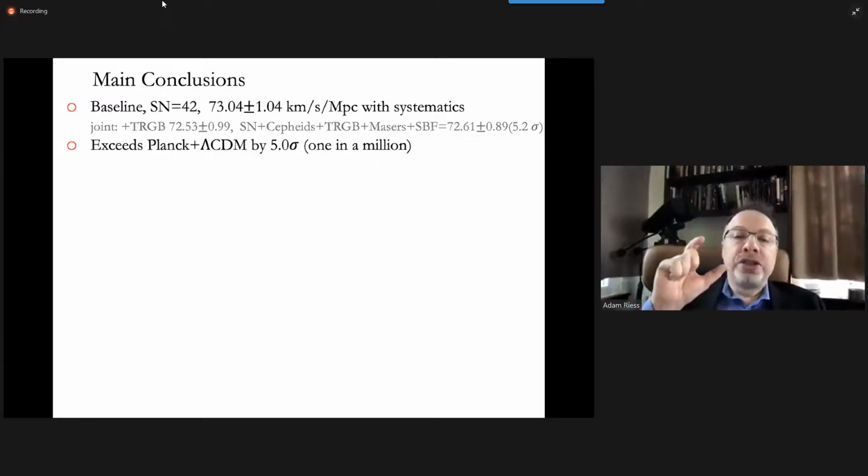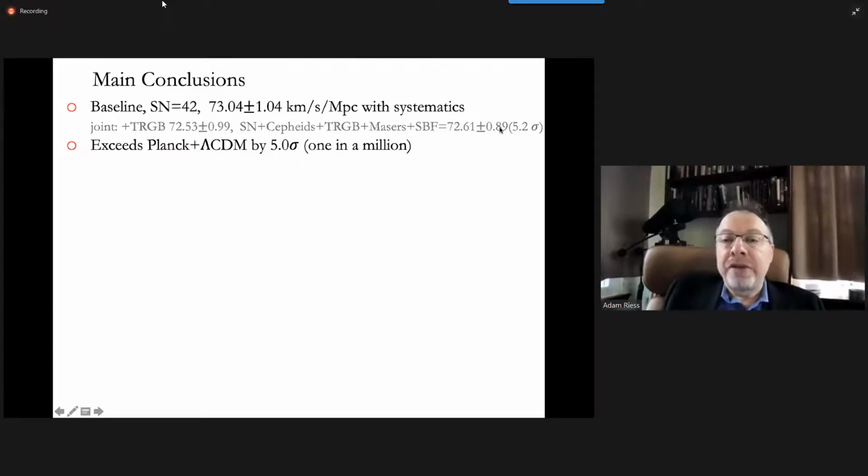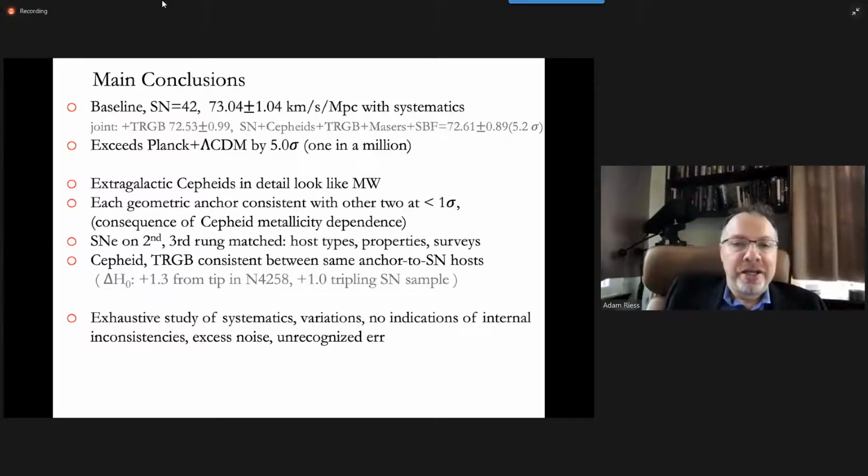But again, doing this self-consistently, so you're not double using any data, and you're using consistent calibration, Mazur's SBF, 72.6. The values change only a little bit. The error bars come down. This doesn't really help you with the tension. In fact, it actually makes it a little bit worse. So this exceeds Planck by 5 sigma, or what we would call 1 in a million.